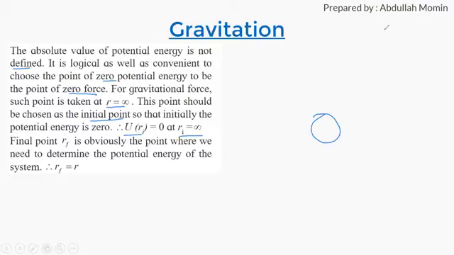Suppose this is earth. Initially the object is at an infinite distance, and if the initial position is infinity, then force is zero, so potential energy is also zero. Now we bring this object from the initial position to the final position, at a distance r from the center of the earth.